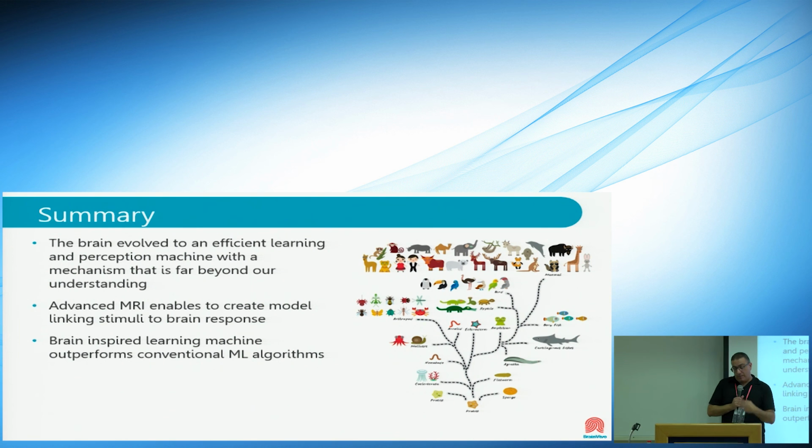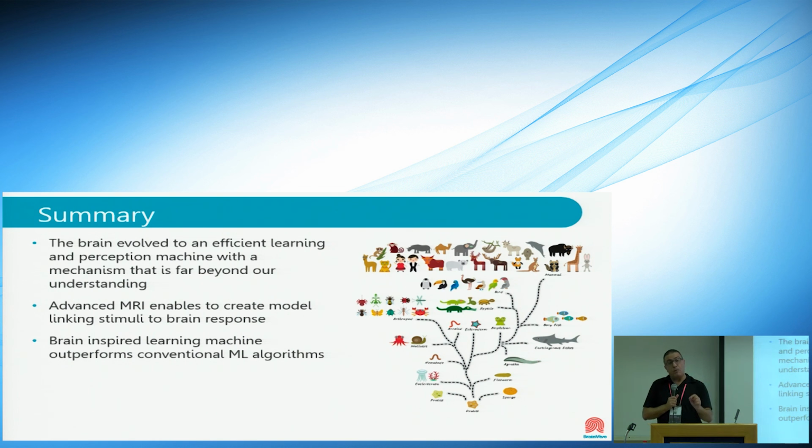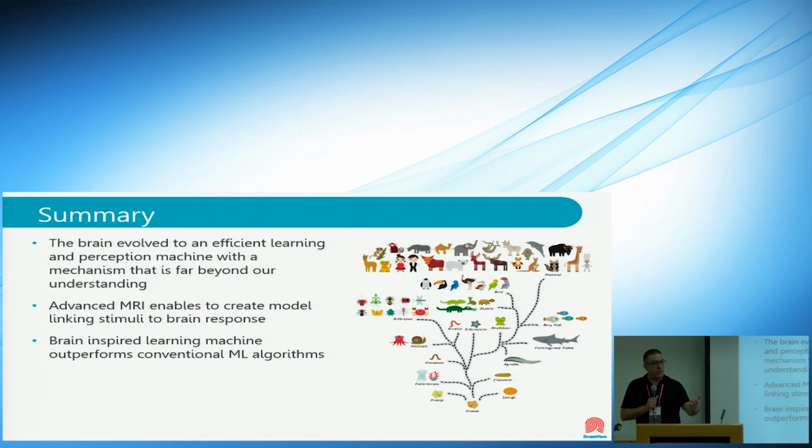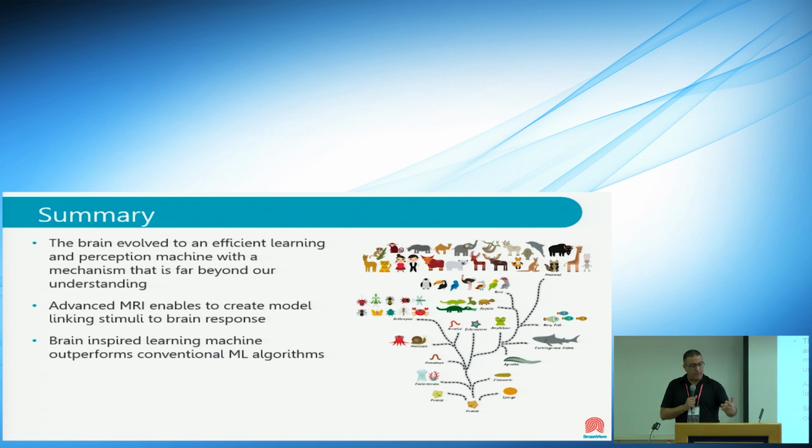It appears from the examples I showed you that a brain-inspired learning machine outperforms conventional machine learning algorithms, especially when the task has to be judgment, and especially when it has to be individual judgments, because a picture that might be unpleasant to my eyes could be pleasant to another's eyes, and we want this heterogeneity to be modeled.